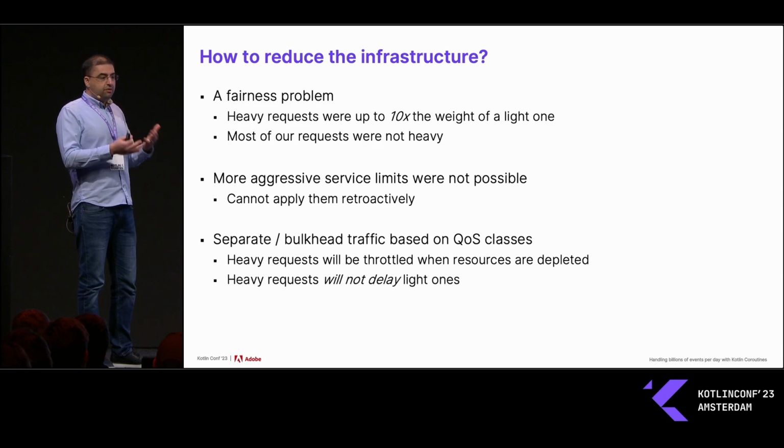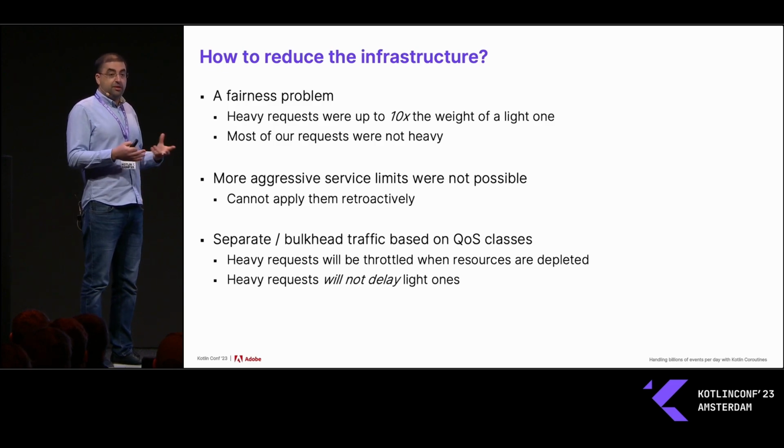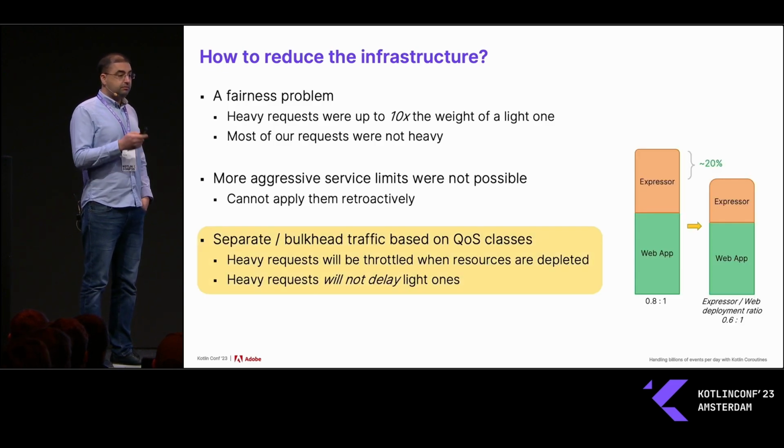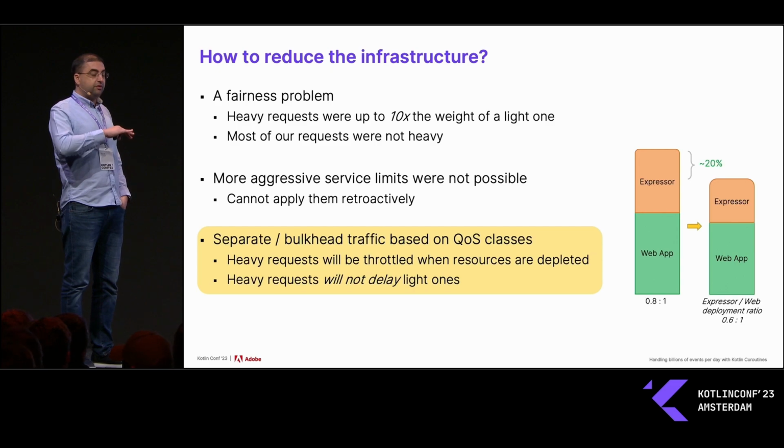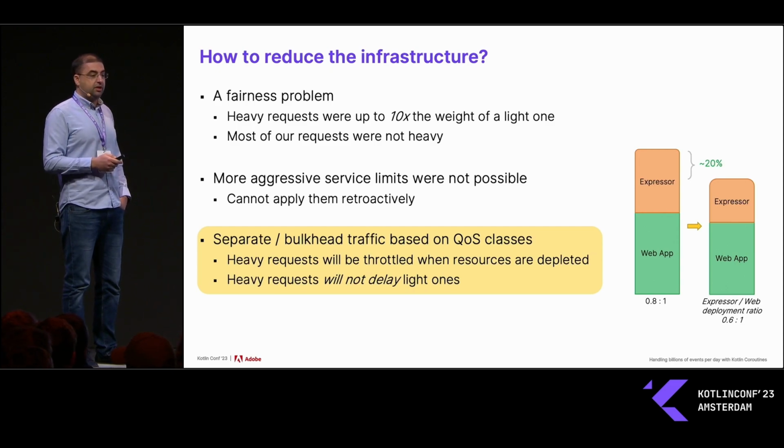And if you have a way to somehow manage the two separately, then you can improve your overall application stability or even performance. And more importantly for our goals here, we were expecting from this change to get a further 20% reduction in the infrastructure footprint.